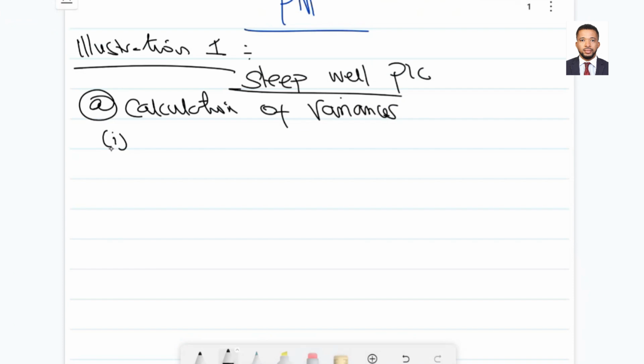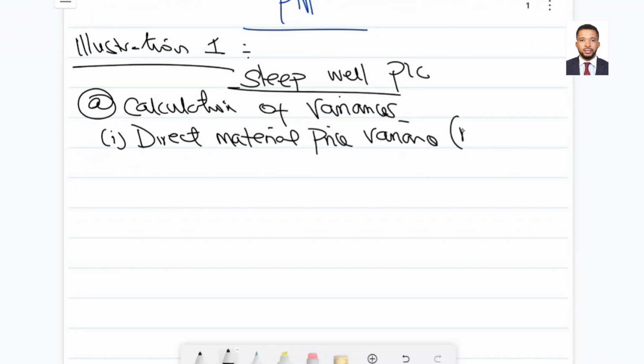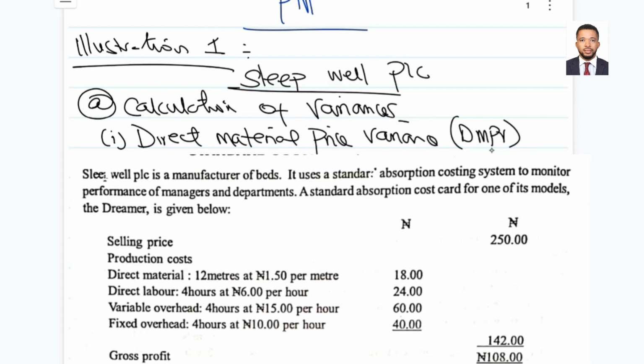What are we asked to do first? Direct material price variance. Now, what we are investigating here is the change in price.